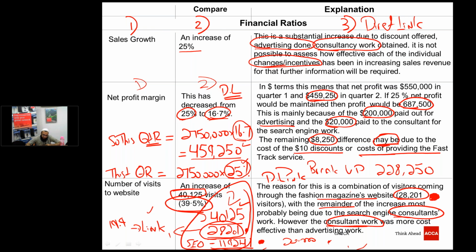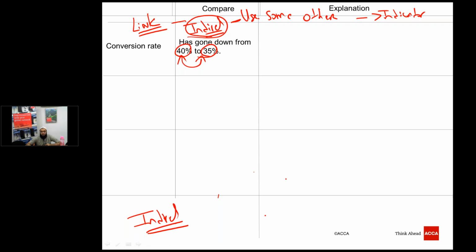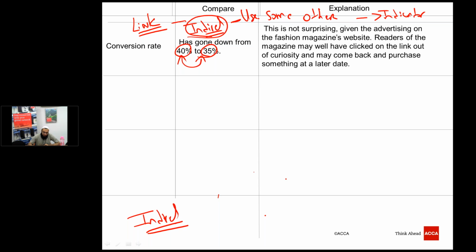And what's that? Guys, as 28,000 people came from advertising in magazine, it means there are less genuine customers coming from magazine, because people coming from magazine advertising, a fashion magazine, are ones who just came out of curiosity.